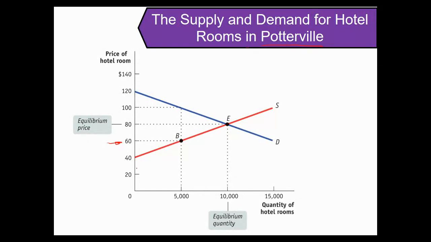Imagine at point B, at the price of $60 per night, hotel owners are willing to supply only 5,000 rooms, shown by point B. If there was going to be a tax, they would push that tax onto the consumer. Essentially, if the government implements a tax, the producer is going to try to pass that tax on to the consumer.